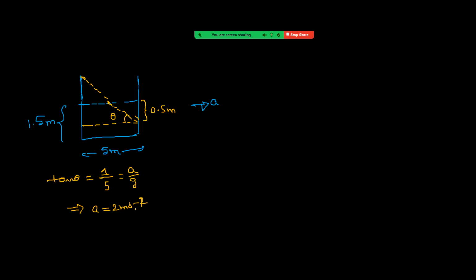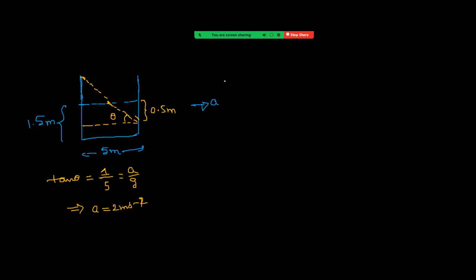That means if acceleration is more than 2 meter per second square, the liquid spills outside. So the limiting case is 2. When it is 2, it is about to spill.